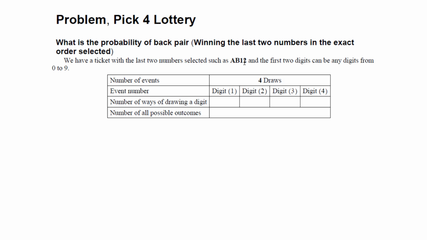So the last two digits are fixed, so they can be chosen only in one way, and the first two digits here, they can be chosen 10 ways each. In such a case, we multiply all of them and we get 100 ways, so we have 100 winning tickets for the case of back pair play. And the probability is 100 divided by 10,000, which is 1 divided by 100. So our odds are 1 out of 100 trials.